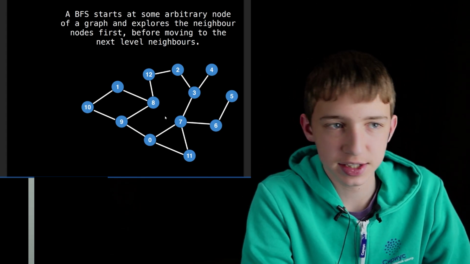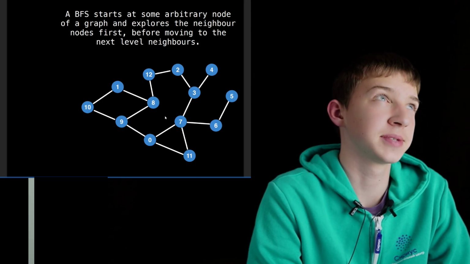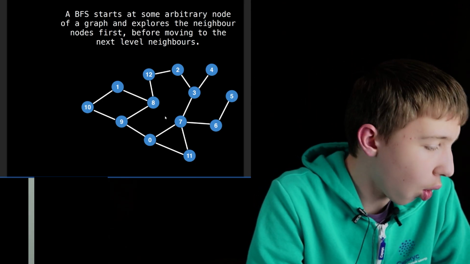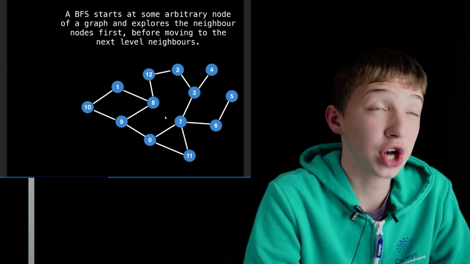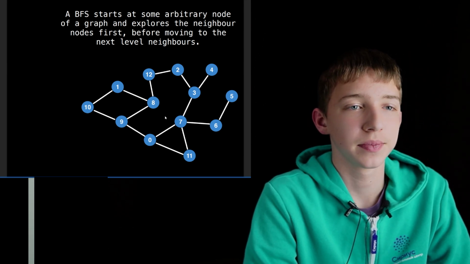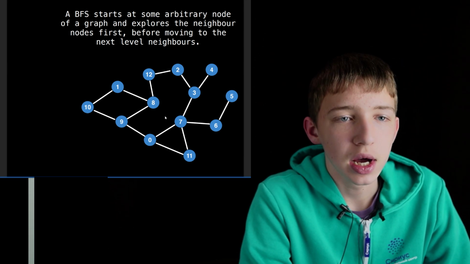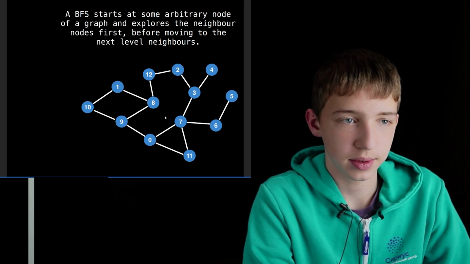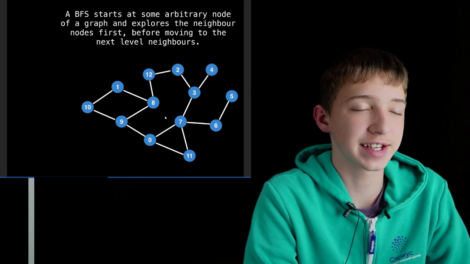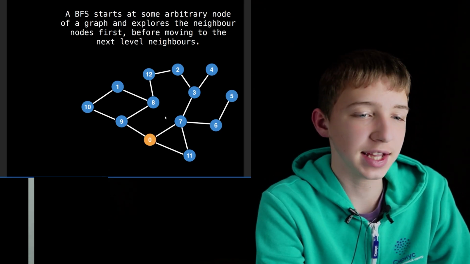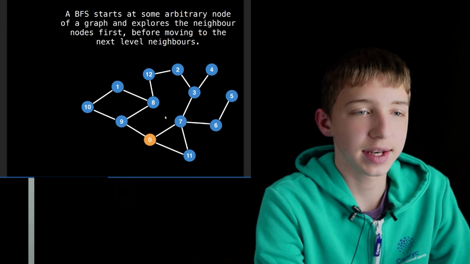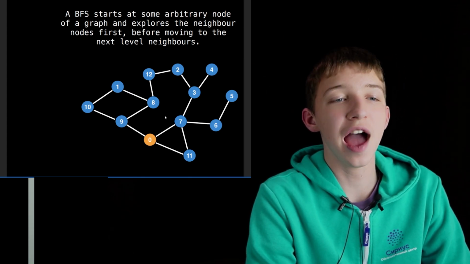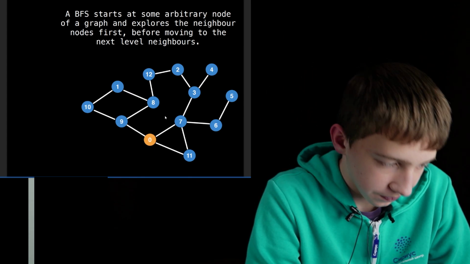As its name suggests, breadth-first search goes breadth first. It starts on some arbitrary node, or if we want to find the shortest path, on a starting node, and we explore every neighbor node first before moving to the next level of neighbors. Let's start, for example, from node 0, and at each iteration we traverse to every neighbor node.